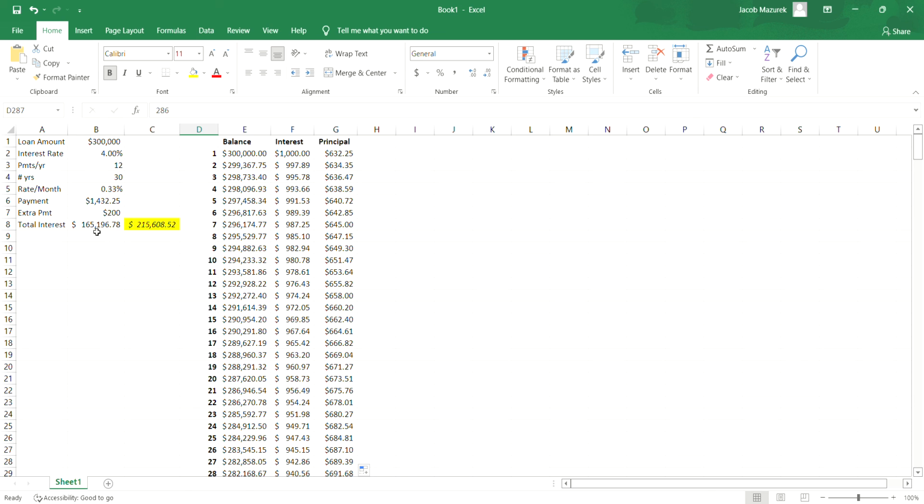And you notice the total interest. You're paying the extra $200 a month to pay off your loan faster, and that's saving you $215,608.52 minus $165,196.78. That saved you $50,000 in interest by paying the extra $200 a month.